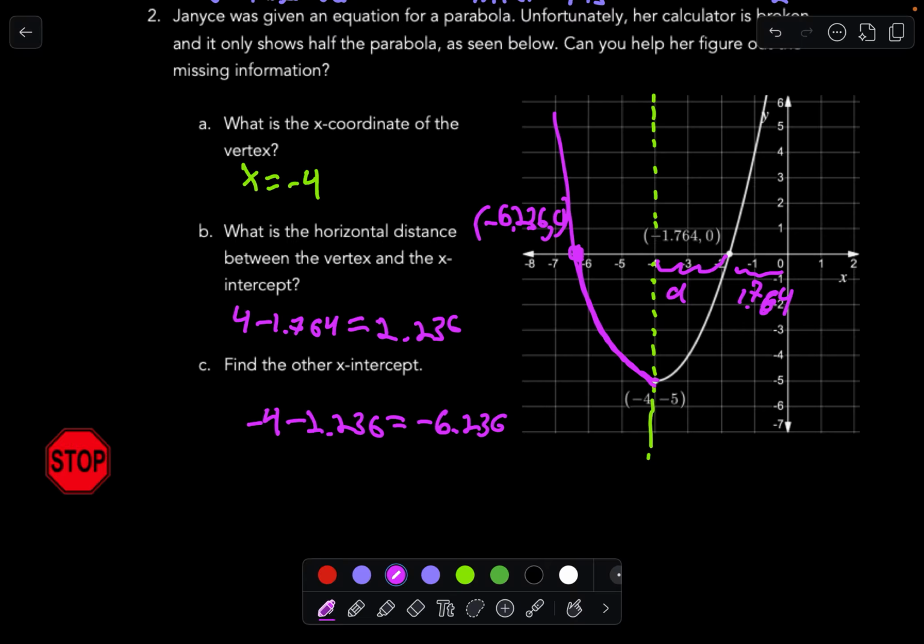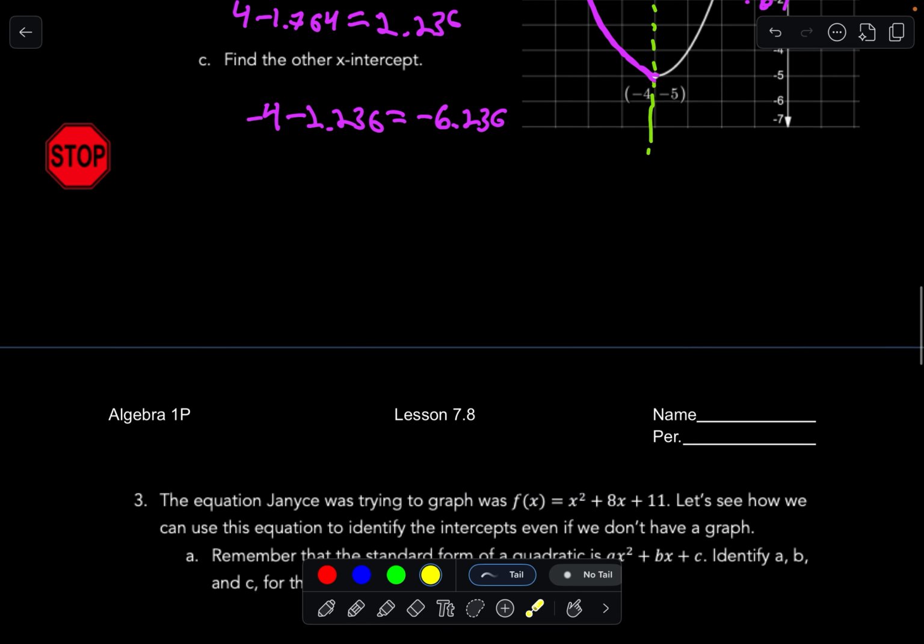So you notice we found that distance D between the axis of symmetry right here and the x-intercept. We found that distance and we just subtracted it because it's to the left, to find this point. All right, so because they are both symmetric, they are both D.